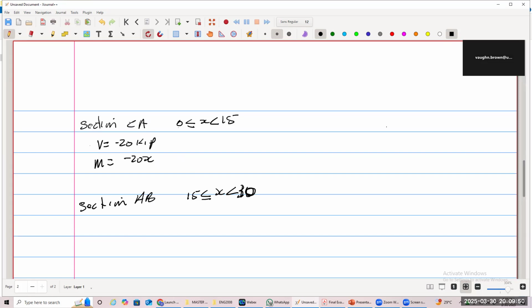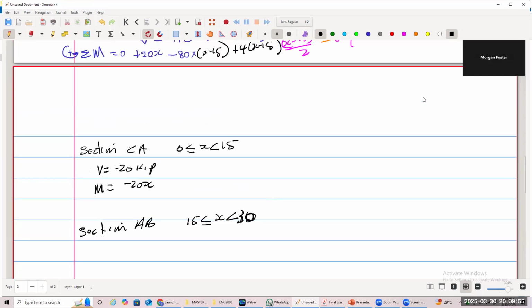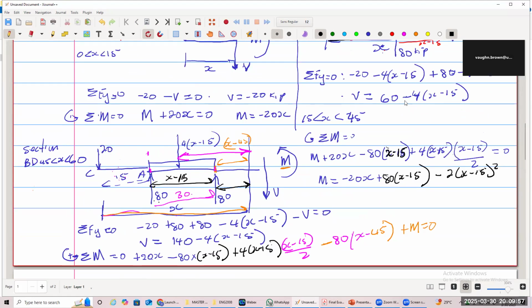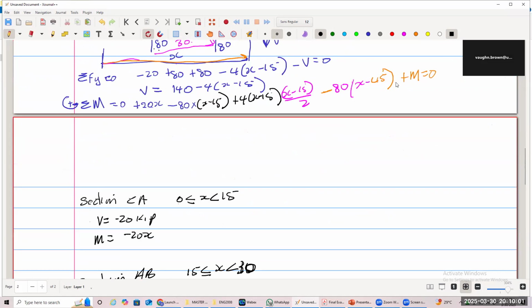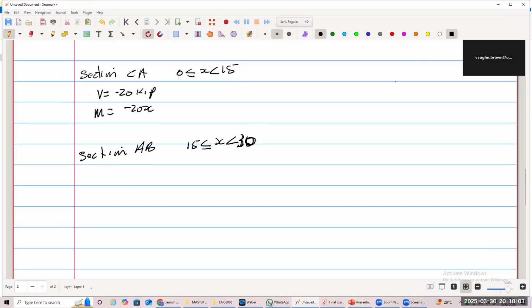Do they follow? And the expression we got was 60 minus 4x. I think when it's simplified, V would equal minus 20 minus 4x.